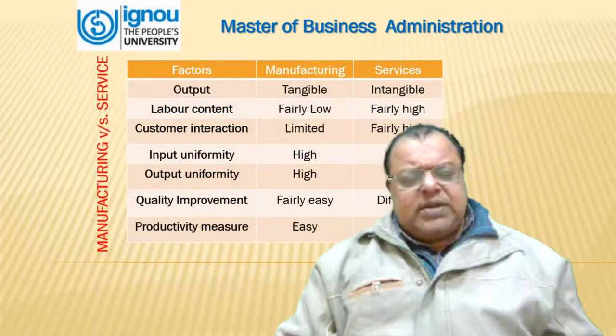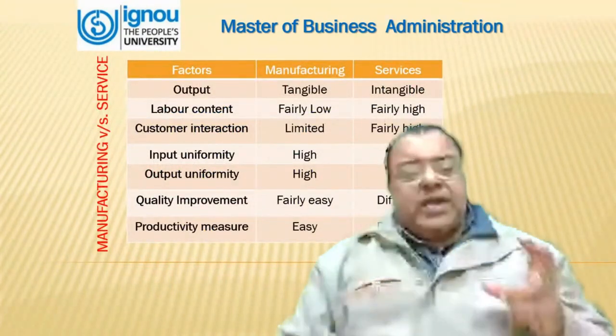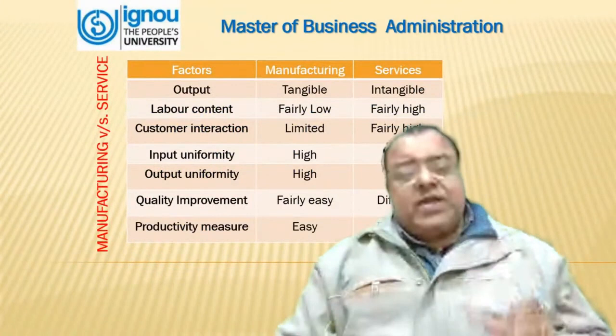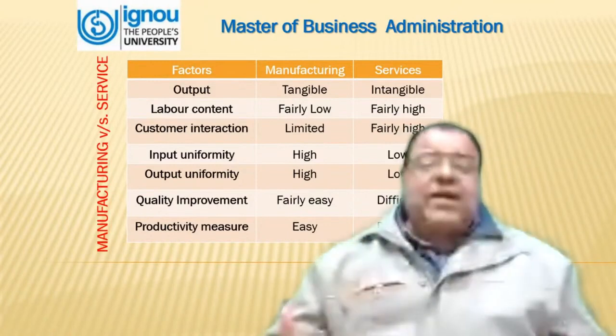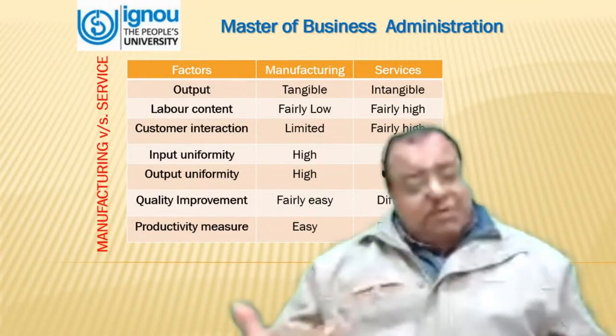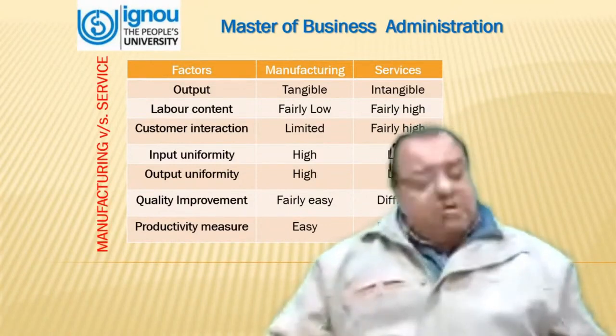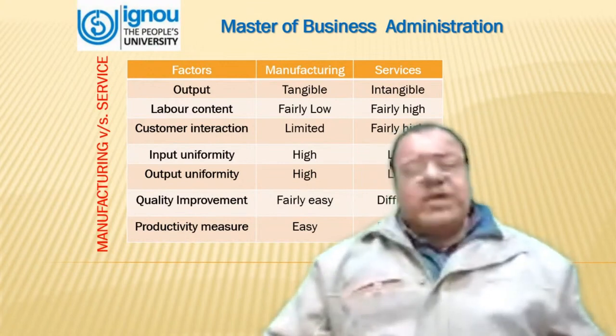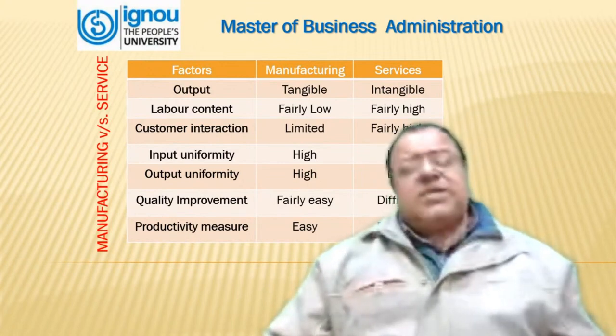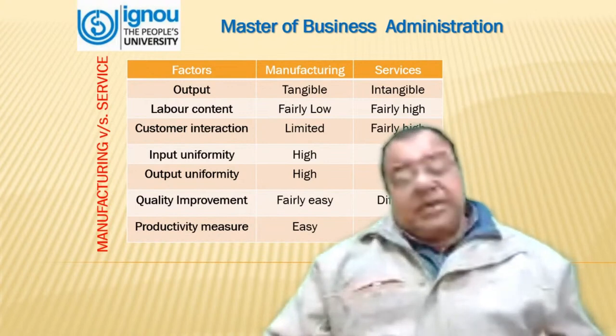Now, we can see over here what the factors are which are responsible for manufacturing and services industry both. If we talk about output, in manufacturing units, it is tangible, but in service industry, it is intangible.